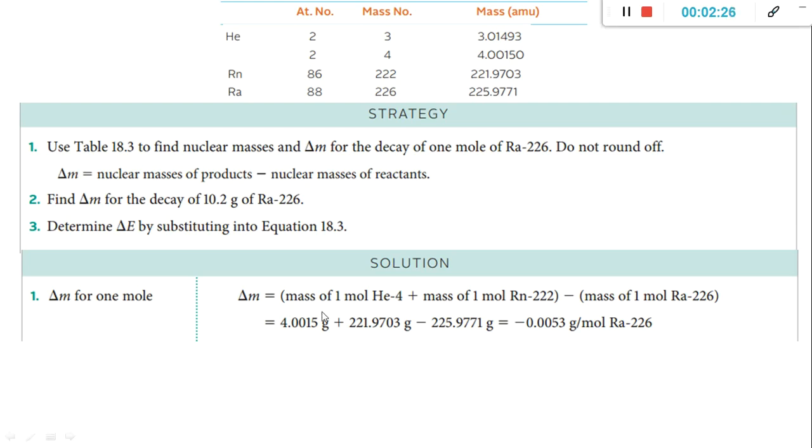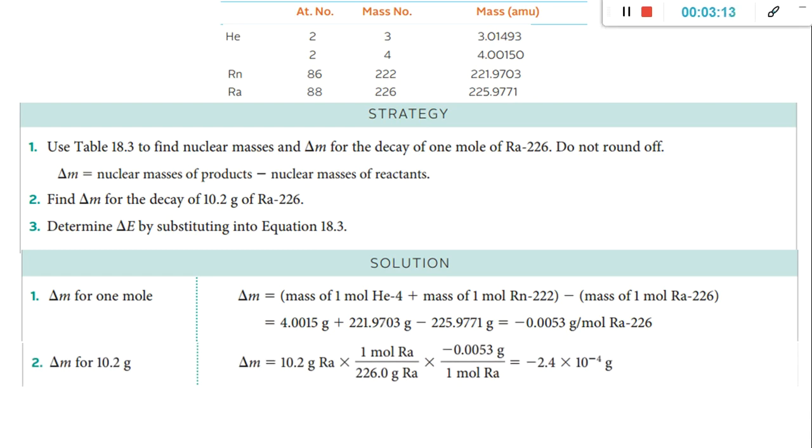On the product side we have helium and radon: 4.00150 plus the atomic mass of radon, which is 221.9703 grams, minus the mass of the reactant. So delta m is equal to negative 0.0053 grams per mole of radium-226.